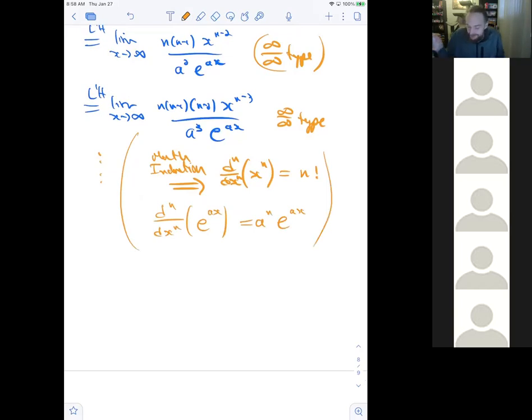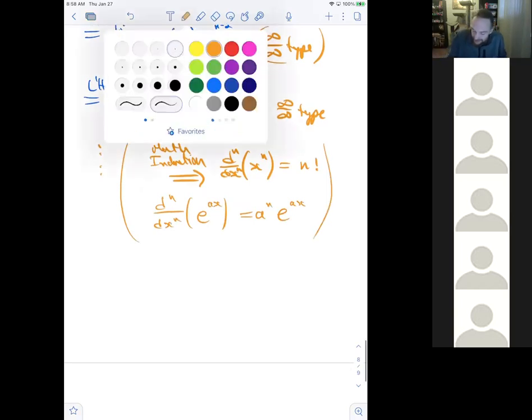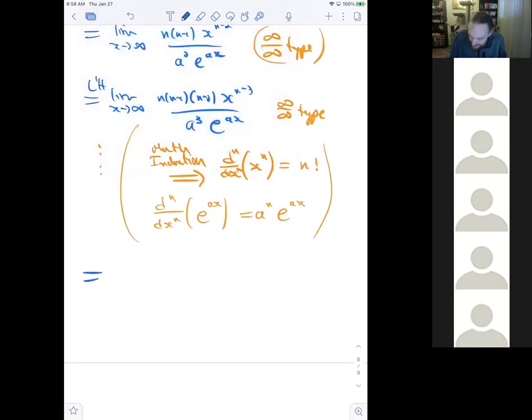So what do we get after we take the derivative n times by L'Hospital's rule? We get the limit as x approaches infinity of n times n minus 1 times down to 3 times 2 times 1 over a to the n e to the ax.